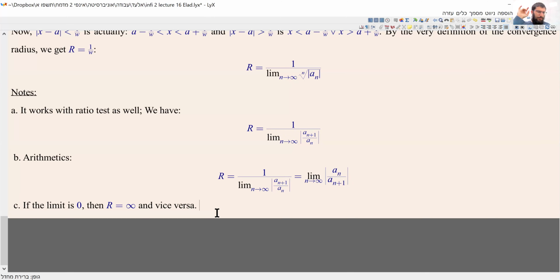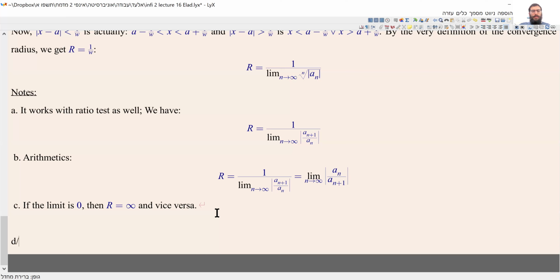This is what is good, what works. What is not so good about this theorem? We know that these limits do not always exist.